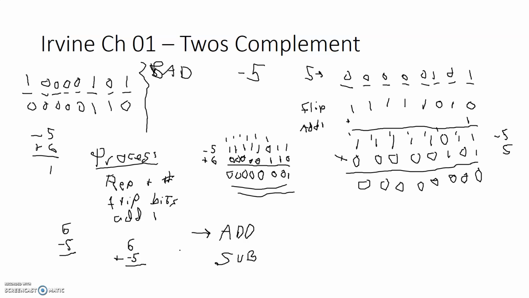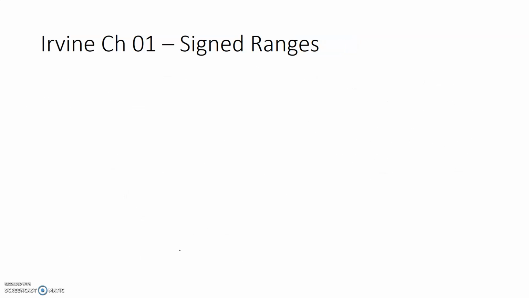Okay, I'm at 10 minutes, and let's see if I can do this part here in terms of the signed ranges. Now, let's take a look at 4 bits. If we're dealing with 4 bits and a signed number, I want to talk about the largest, the largest positive number.